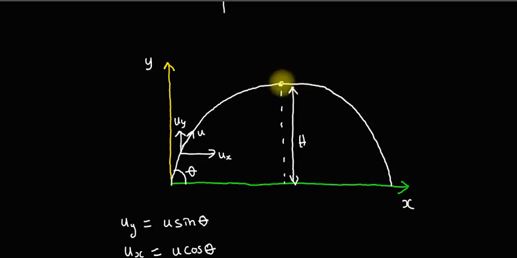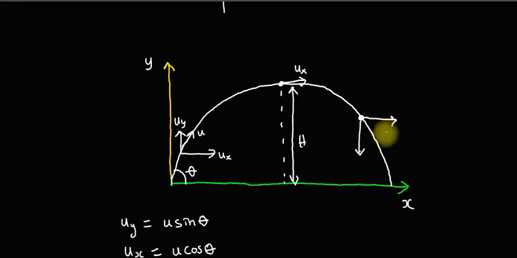Now only the horizontal component actually acts here. So we just have ux acting because it ceases to go further up. And then along the motion, we now have a change in direction of velocity.